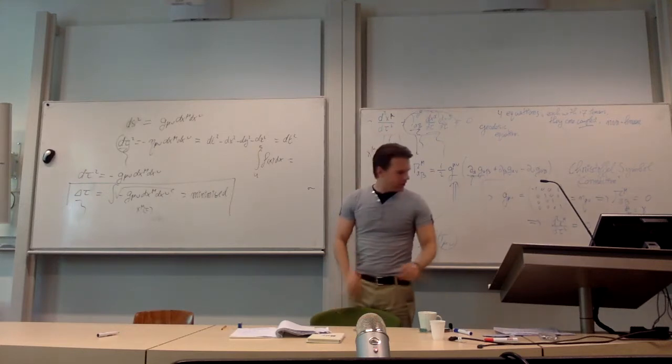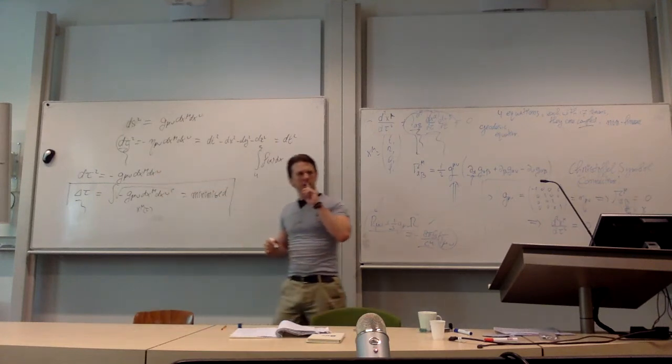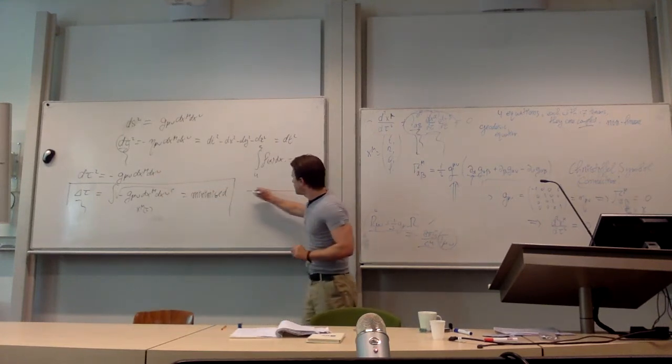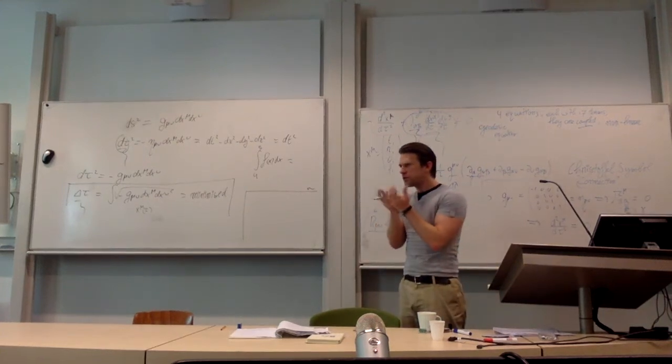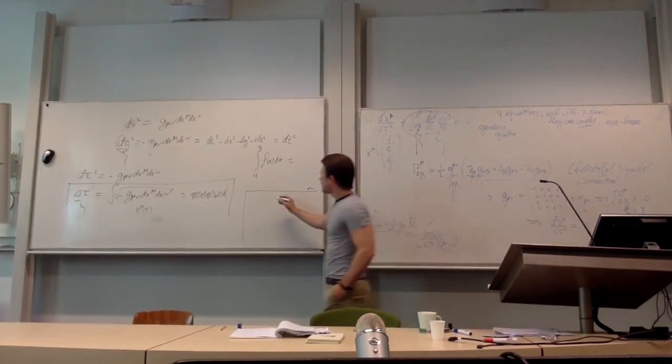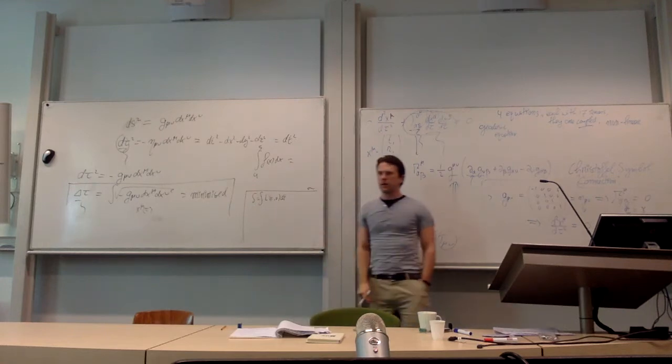Now, just for people who might already want to look a little bit into it, do you remember, just as a small piece of jogging your memory, going back to special relativity. Remember this equation?